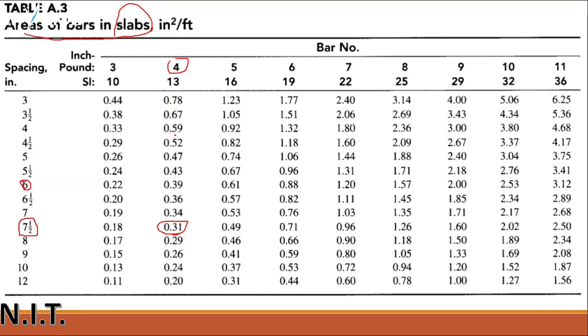Instead of 0.53, there is no 0.53, so I am selecting this value: number 4 bar at the rate of 4 inch center to center. And for 0.144, I am providing number 3 at the rate of 9 inch center to center, so that we can merge all these steels together. Clear?